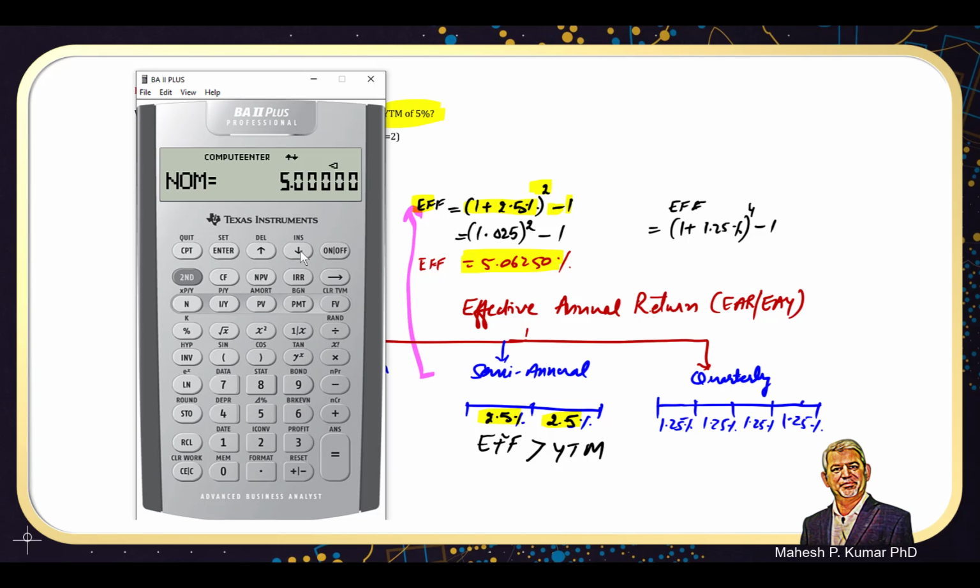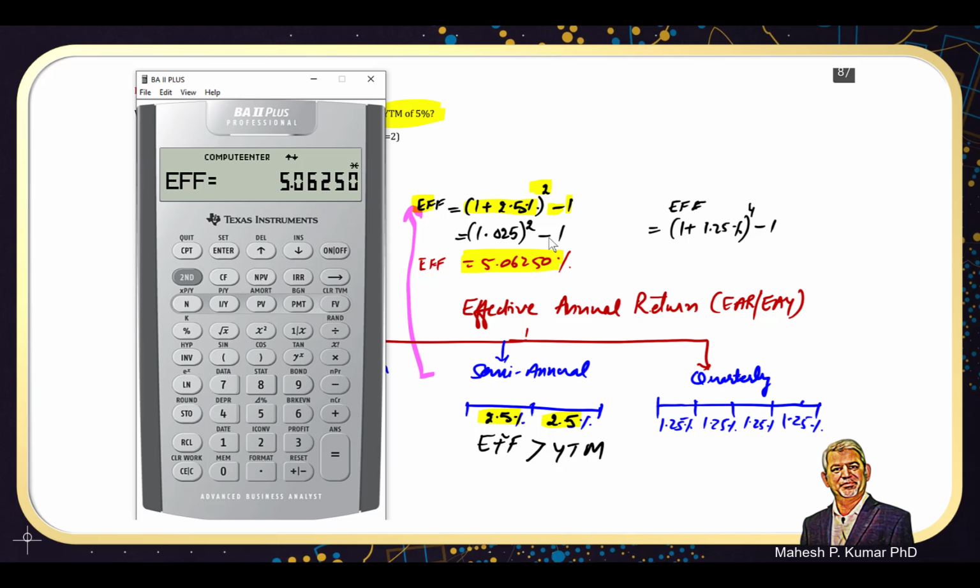We go down, press the downward arrow, effective rate. This is what we are trying to compute. We will come back to that. Down arrow, it is asking for CY, the compounding frequency, which for a semi-annual period is of course 2. So let us enter this number and come back to effective rate. This is what we are trying to calculate, and we click compute, and we get 5.06250, which is the same number that we calculated through the manual formula.